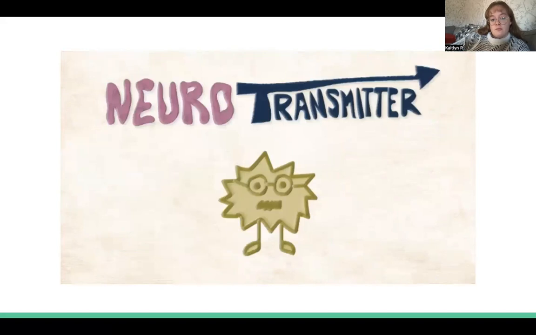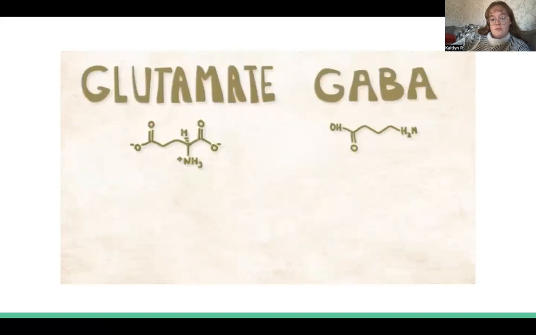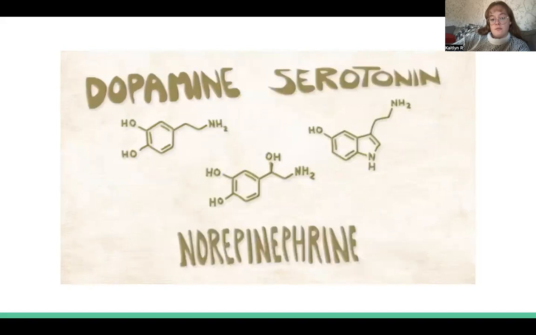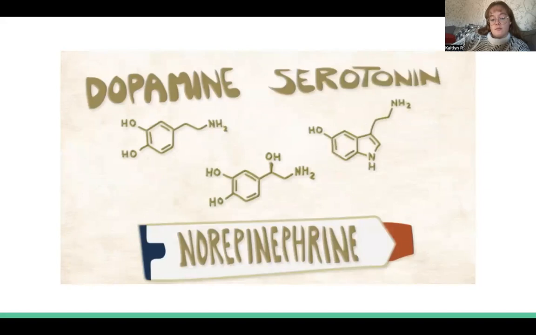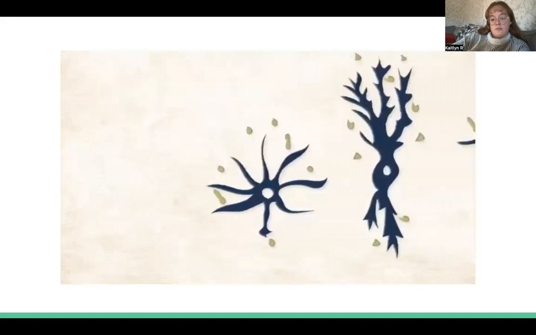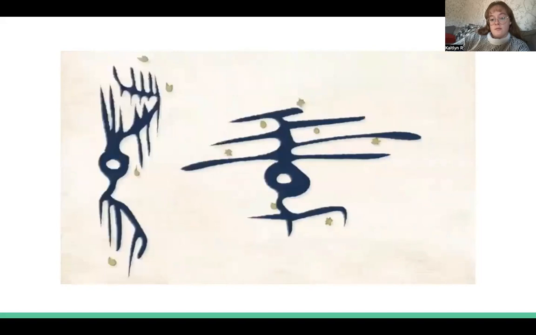The most common neurotransmitters in the brain are glutamate and GABA, which are both present in around half of all neural connections. Glutamate is excitatory. It tends to cause neurons to fire more, and GABA is inhibitory. It tends to shut them off. You may also have heard of dopamine, serotonin, and norepinephrine, the stuff in EpiPens. These are some of the most common neurotransmitters known to affect behavior in the brain. We've actually discovered over 200 neurotransmitters, which are used by a whole zoo of different neuron types.